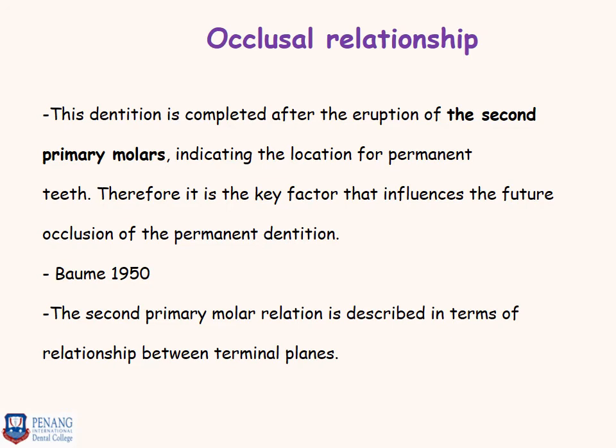In the permanent dentition, it is based on Angle's classification, like Class 1, Class 2 or Class 3 molar relationship, based on the mesiobuccal cusp, while in the primary dentition, the classification is based on the terminal planes of the primary second molar.